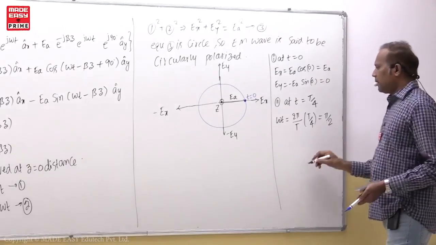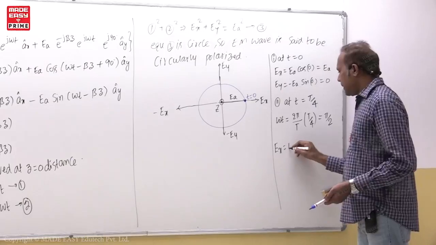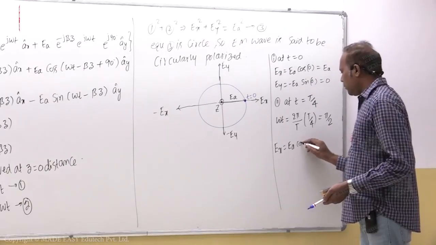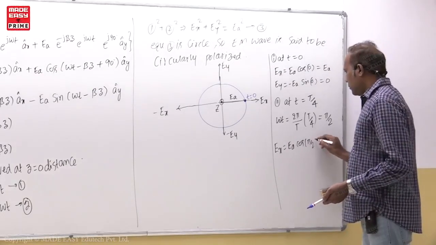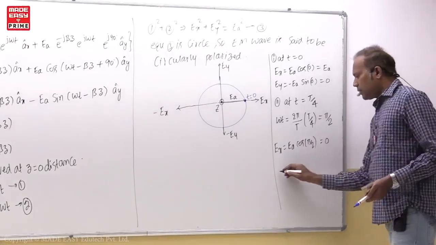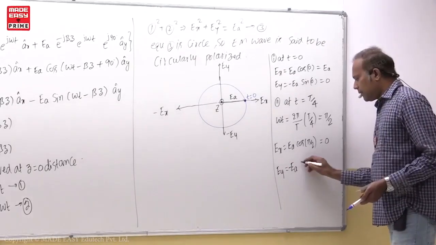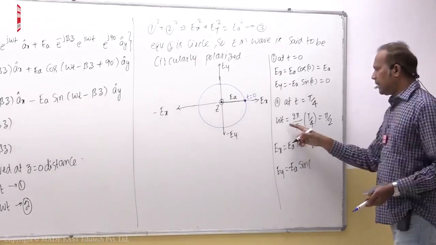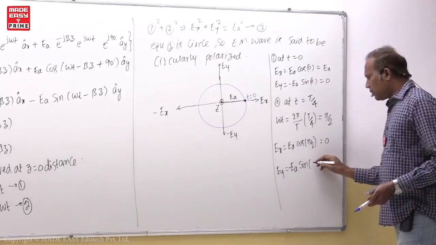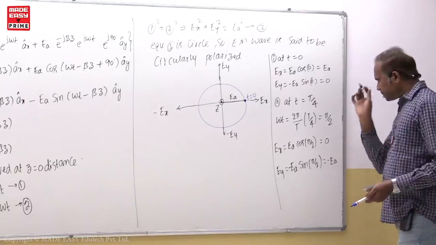Now from this, the electric field x component is equal to Ea into cos pi by 2, that is equal to 0. Similarly, the electric field y component is minus Ea into sin omega t. Omega t is nothing but pi by 2. So you get minus Ea.